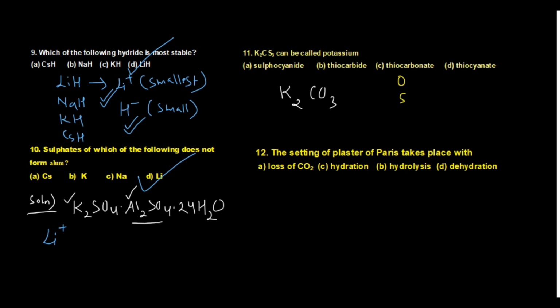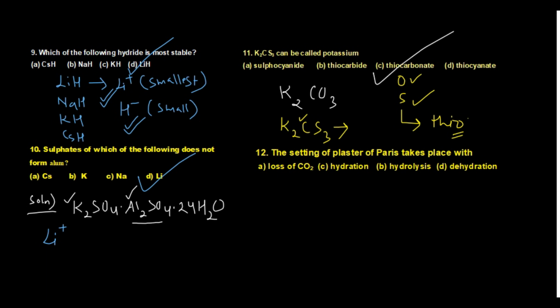If I substitute oxygen with sulfur, what I'll get is K2CS3. When we introduce sulfur somewhere, the prefix is thio, and carbon is already there. So basically this compound is potassium thiocarbonate. Option C looks like the correct answer.